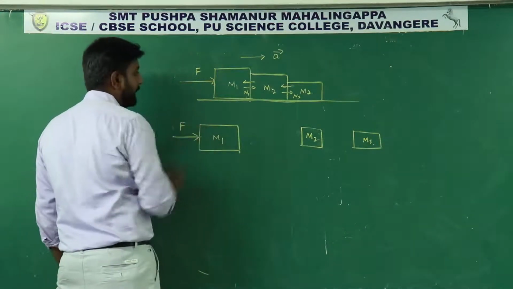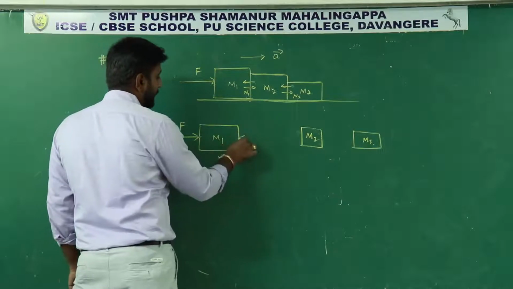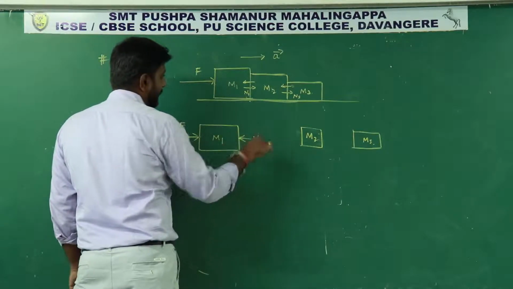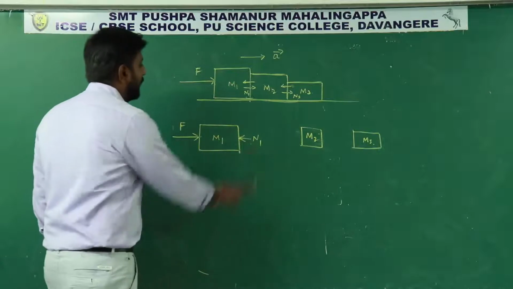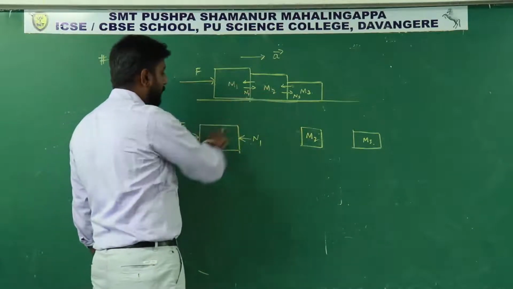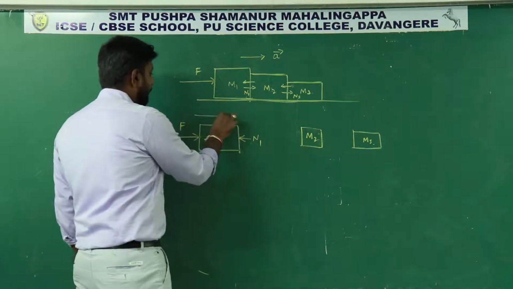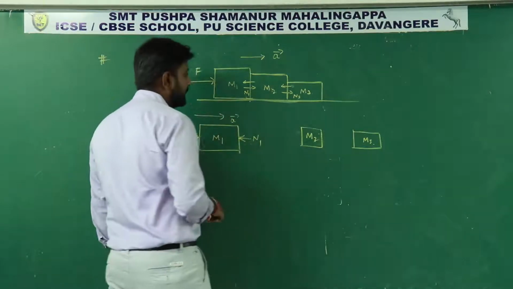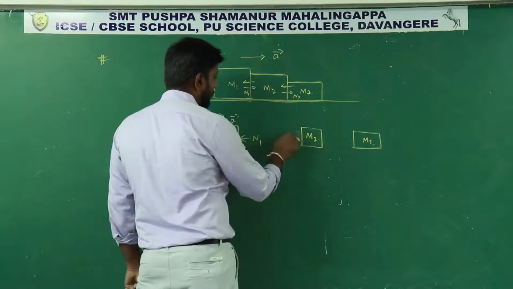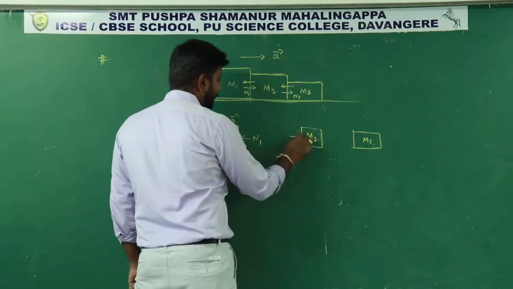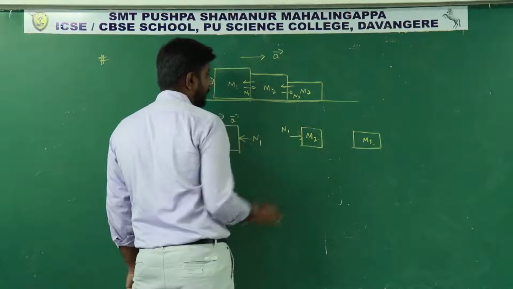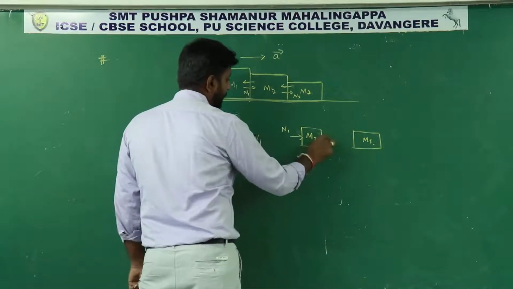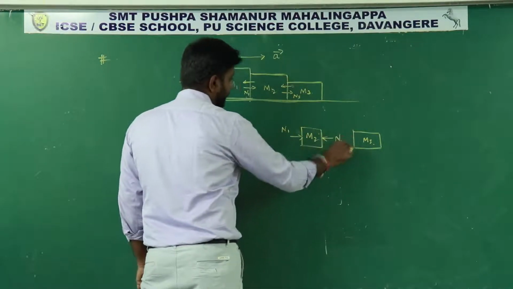This is the force F acting in this direction. Here, N1 force is acting, that is the normal force applied by M2 on M1, and the body is moving in this direction with some acceleration A. These are the forces, and if you see on the M2 body, the M1 body also applies a normal force in this direction, that is N1, and M3 also applies a normal force in this direction, that is N2.